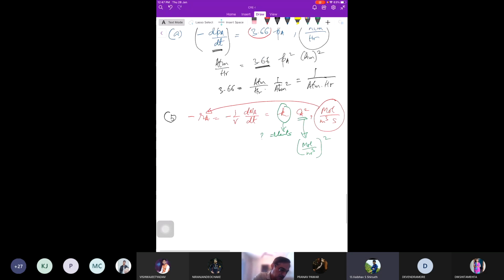Right. So essentially what we are doing is: the units of the rate are moles per meter cube second.